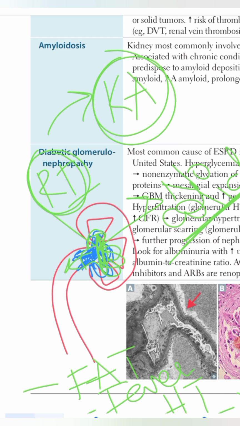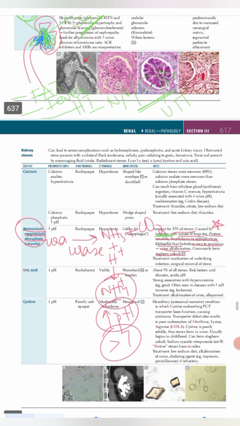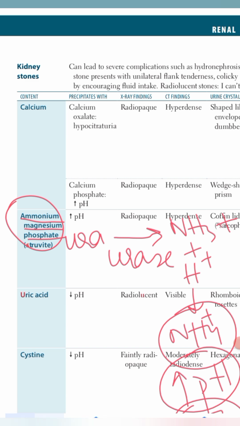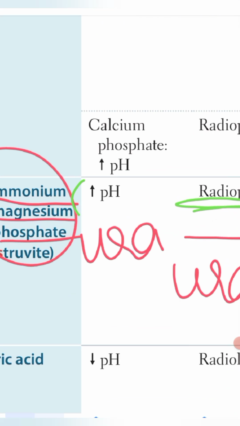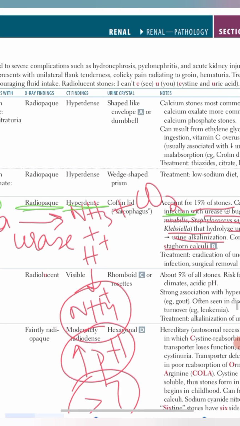And they are also radio opaque, meaning that we can see them on X-ray, ultrasound as well as on CT. And the important point is that they are formed due to increased pH. Solubility doesn't matter. What is important is that the pH should be increased to more than 7.